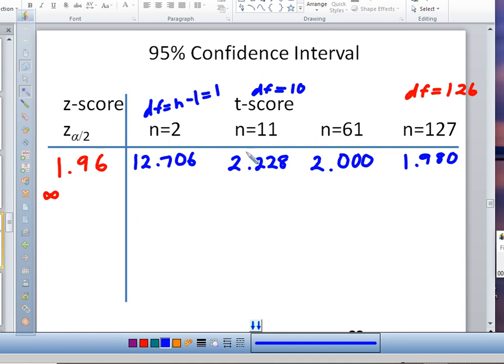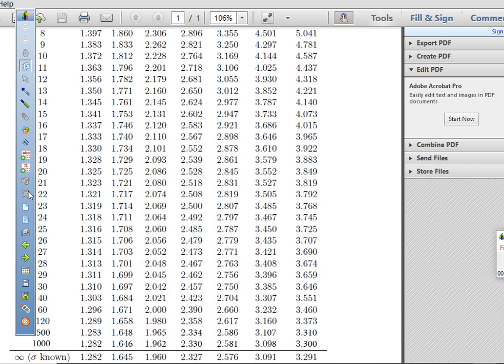And as your n gets larger and larger, your standard deviation is more and more likely to be closer to the real standard deviation. So the little extra you need to give to adjust for that can get smaller and smaller. So it ends up being eventually the same z-score as what you started off with. You need to have less room for error. So it's important that you note and realize that.